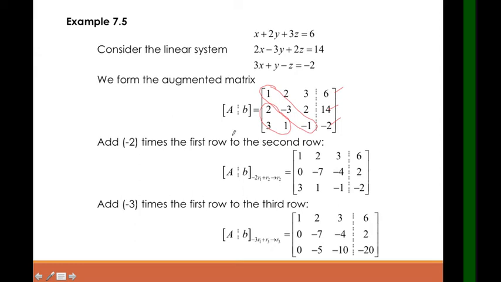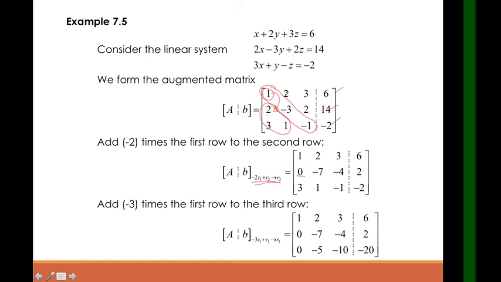So, we need to add negative 2 times the first row to the second row. So, mag-multiply daw tayo ng negative 2 dito, tapos i-add natin dito para maging 0 yan. Negative 2 times 1 is negative 2 plus 2 is 0.